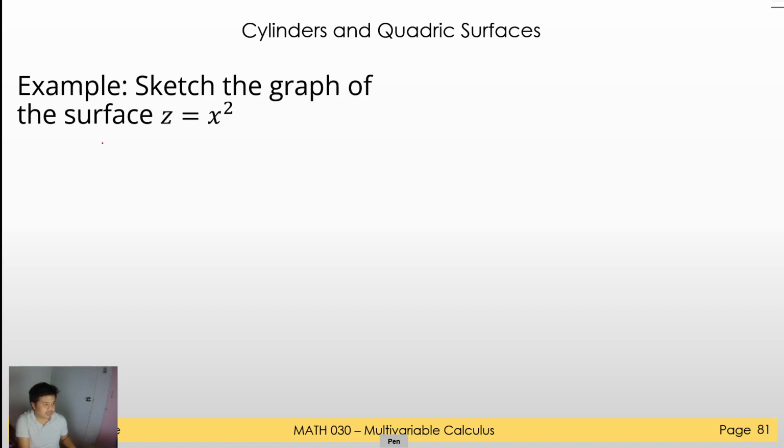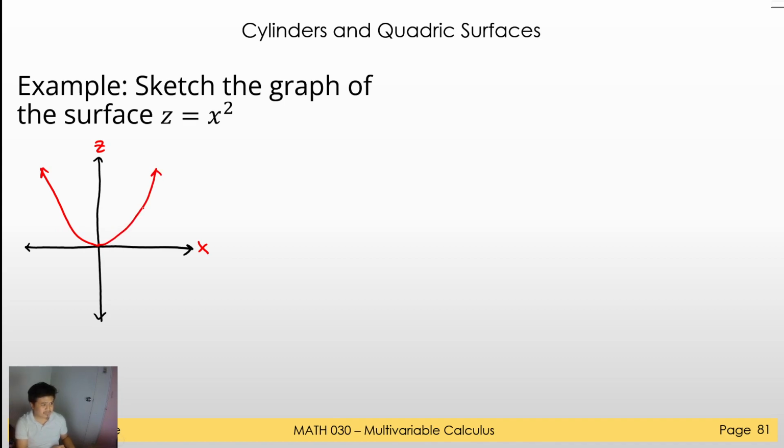If this is just a two-dimensional coordinate system wherein the vertical axis is z and the horizontal axis is x, it will be easy. This is just a parabola, which we can recall at the origin.